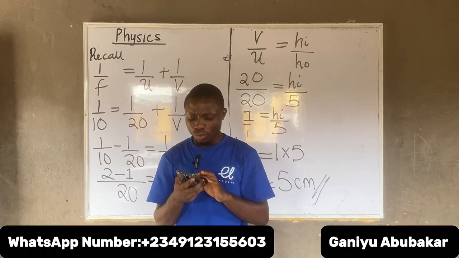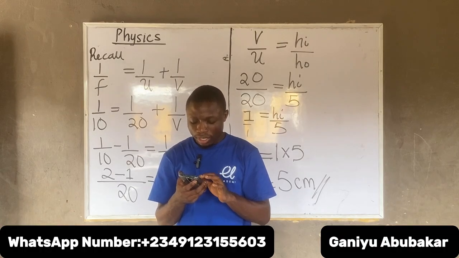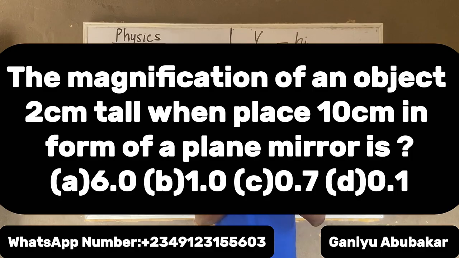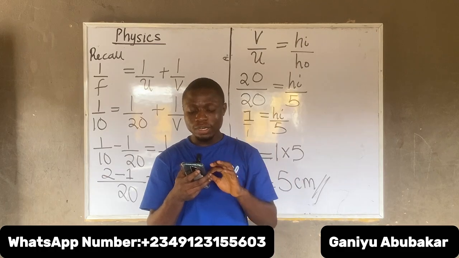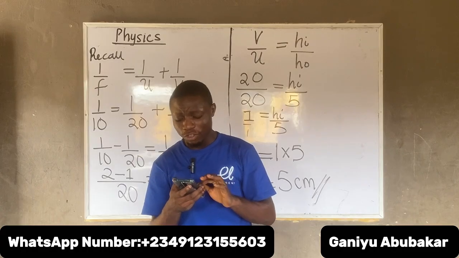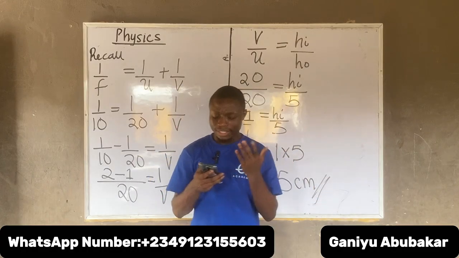Take questions 11 and 12 as assignment, please. Question 11 says the magnification of an object 2 cm tall when placed 10 cm in front of a plane mirror is dash.